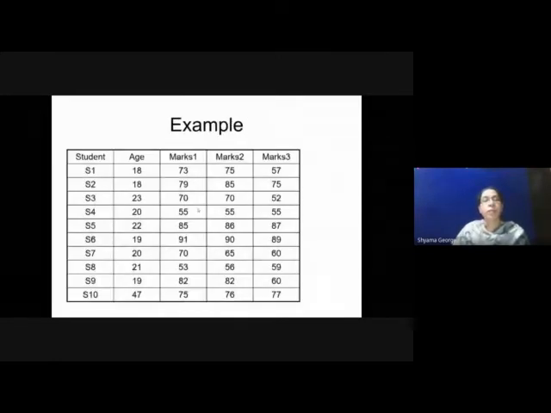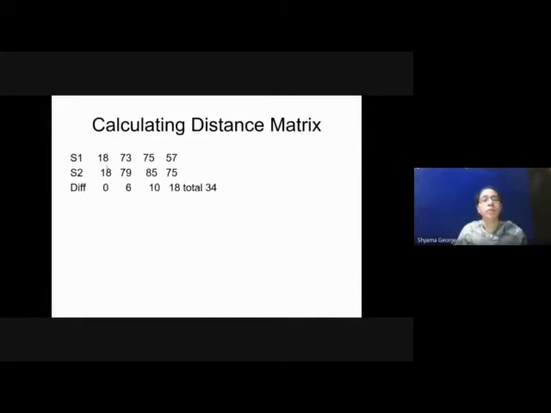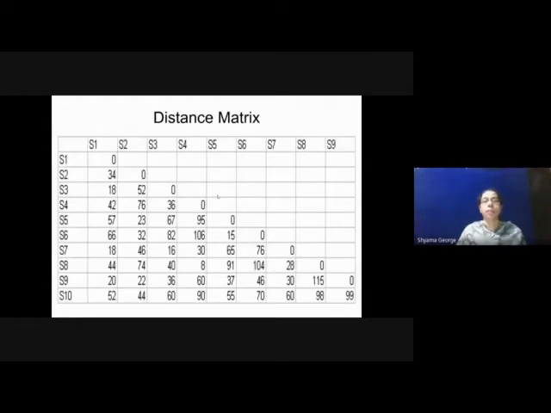Suppose you want to find the distance between S1 and S2. Here we already know how to find the Manhattan distance. Take the difference between 18 and 18, which is 0. 73 and 79, the difference is 6. 75 and 85, the difference is 10. 57 and 75, the difference is 18. So the total is 34. So the distance matrix is displayed.